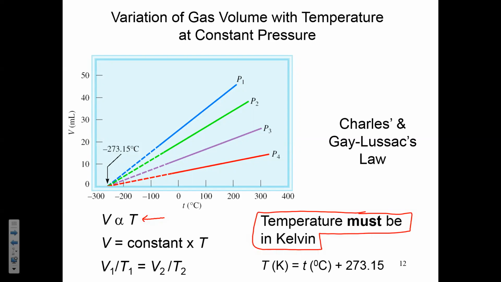Otherwise, this equation does not work. So if you're given Celsius or Fahrenheit in your problem, you make sure you use your conversion. Most of the time I will give you Celsius, and then remember Kelvin just equals our Celsius plus 273 Kelvin. Okay, and that'll give us our Kelvin.